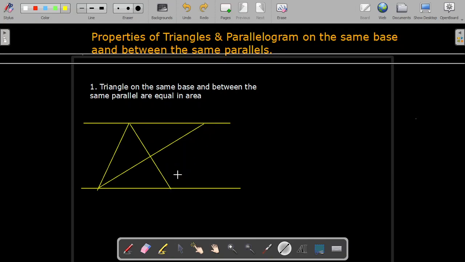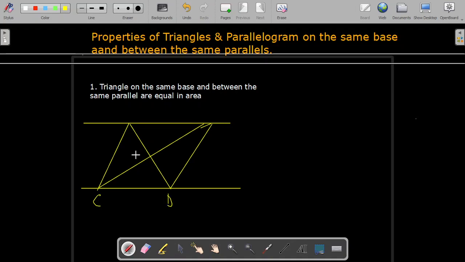Oh, sorry, I need to make this well aligned. So, for these triangles, they lie on base CD.